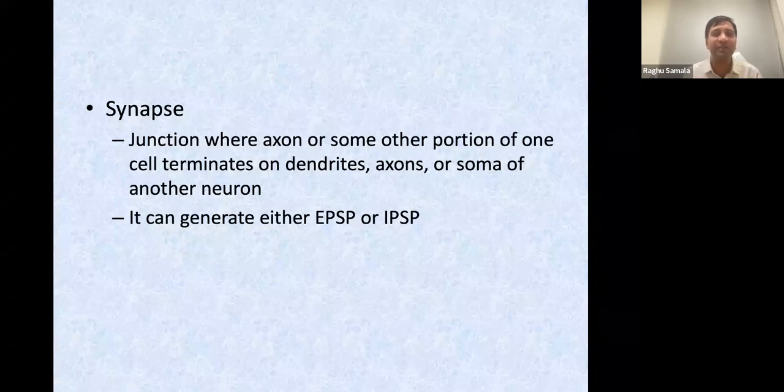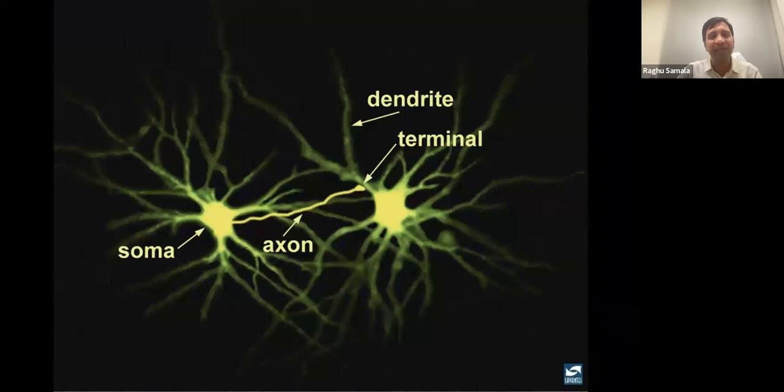At this junction, either excitatory postsynaptic potentials or inhibitory postsynaptic potentials will develop. You can see here the soma and the axon. The axon terminates on a dendrite. When an axon terminates on the dendrites, that forms a synapse, and we are recording the activity from these synapses.